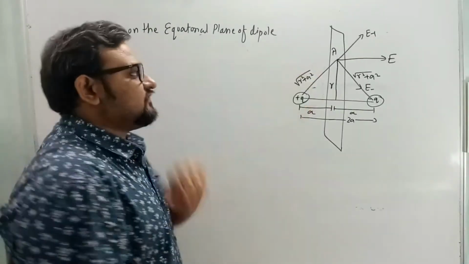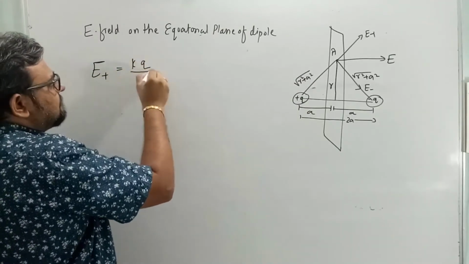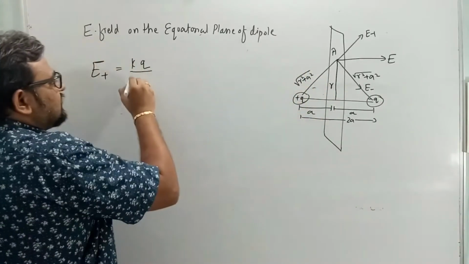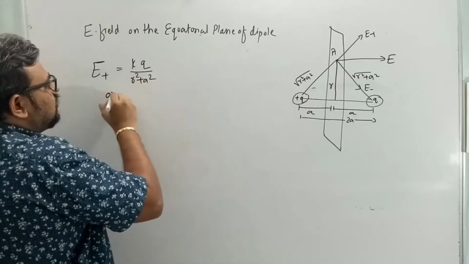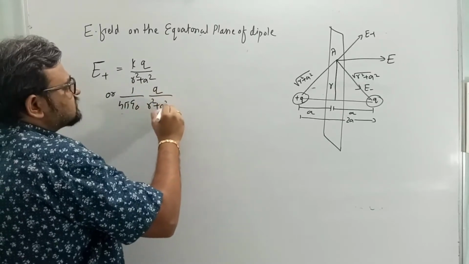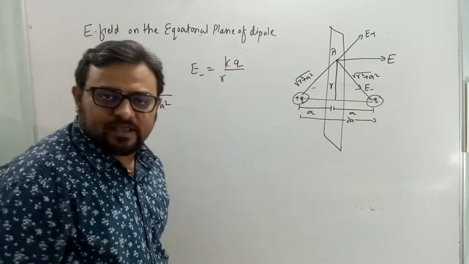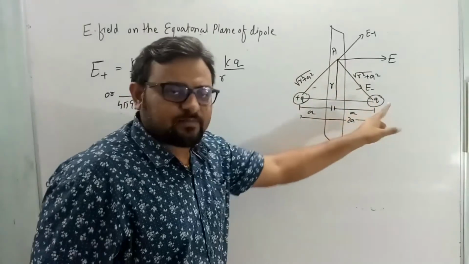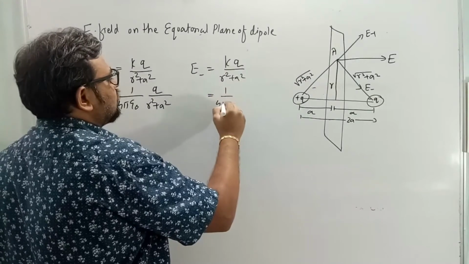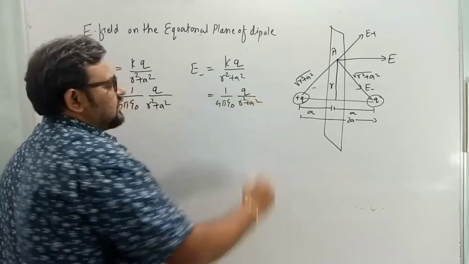Now let's first find out the electric field due to the plus charge. E plus is kq by r square. What is r square? It is under root of r square plus a square, and its square, so it will be r square plus a square, or 1 by 4 pi epsilon 0 q upon (r square plus a square). And E minus is kq by, again the same distance, r square plus a square, or 1 by 4 pi epsilon 0 q upon (r square plus a square).